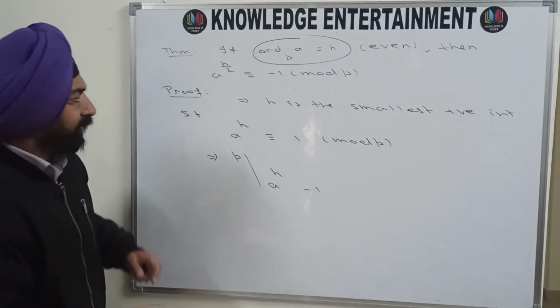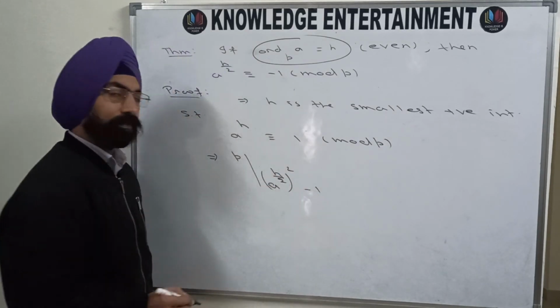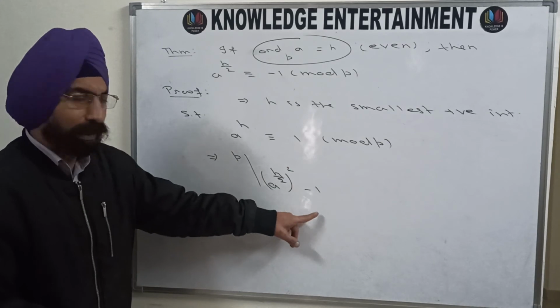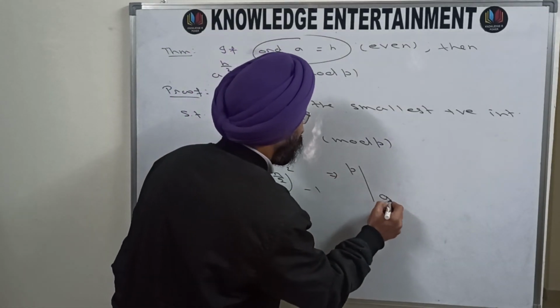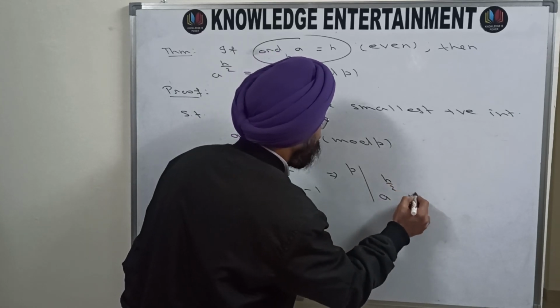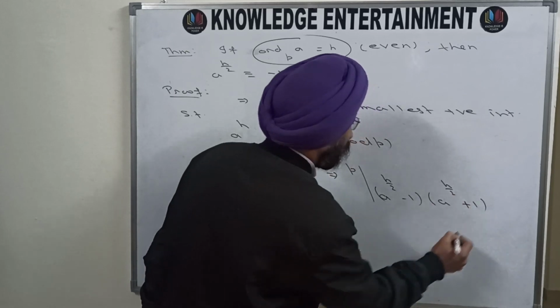Since h is even, we can write it as (h by 2) squared. Now x squared minus 1 can be factorized to get P divides (A^(h/2) minus 1)(A^(h/2) plus 1).